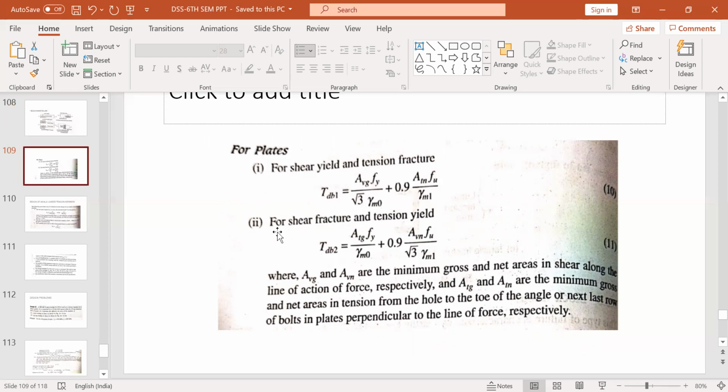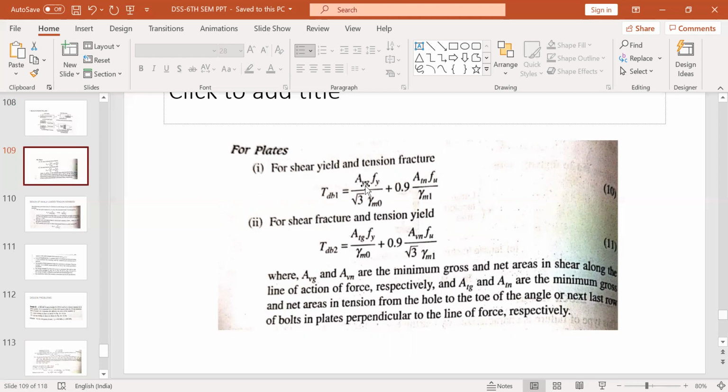And for the second case, if the tension plane is yielding first and then shear fracture occurs, that means the tension plane is the weaker plane and shear fracture is the stronger plane, vice versa to the first case. In that case, it is replaced by Atg Fy by gamma M0, instead of root 3, it is gamma M0, and instead of gamma M1, it is root 3 gamma M1 Avn.